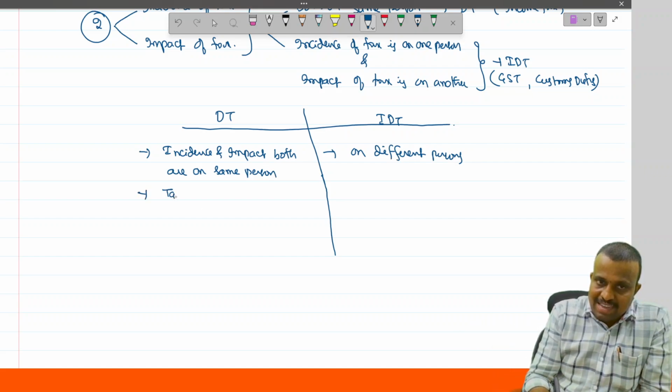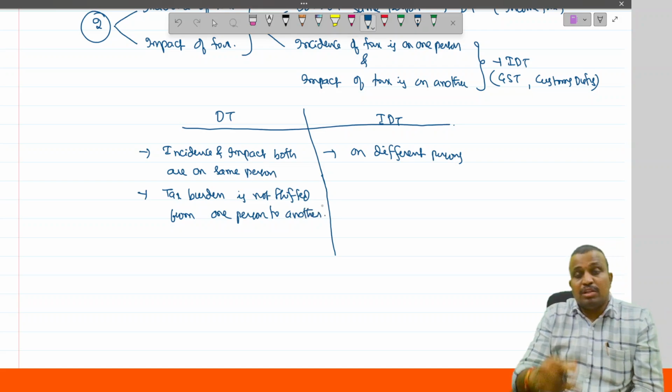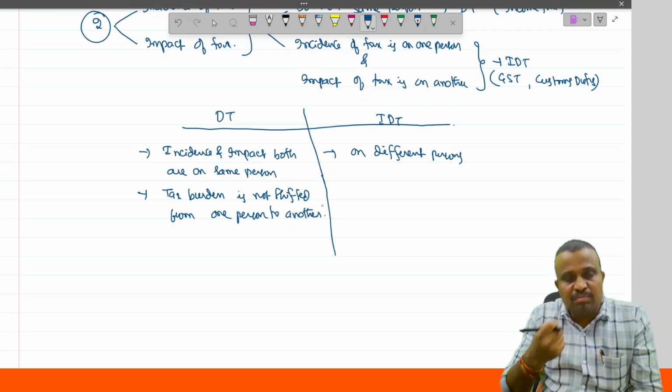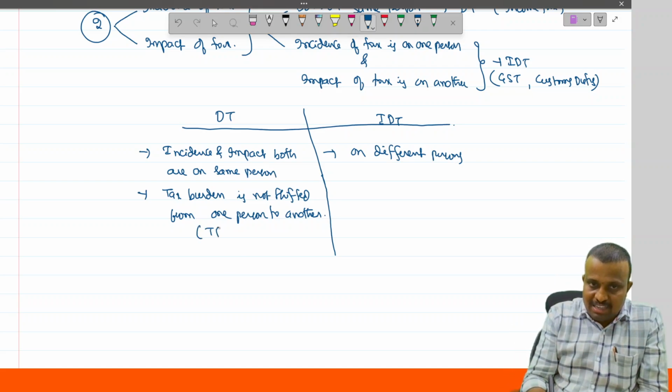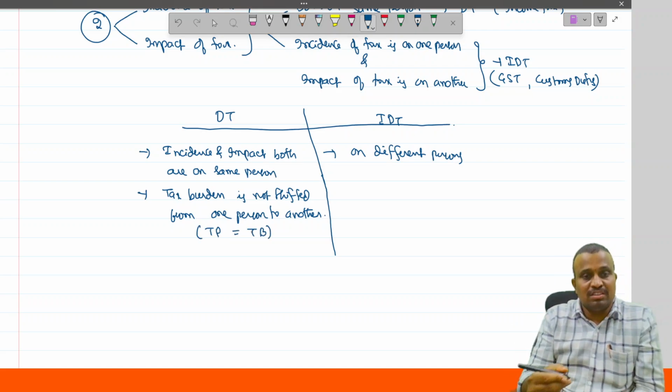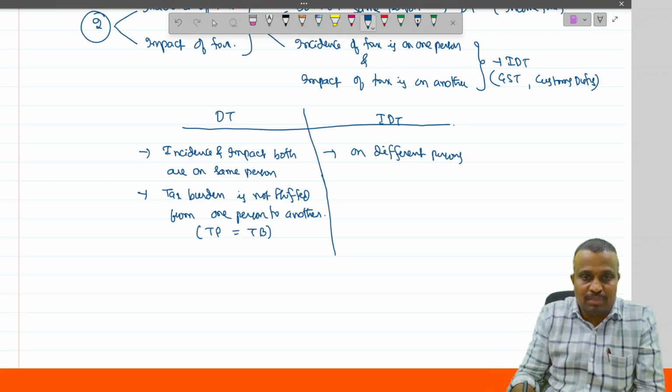In direct tax, the tax burden is not shifted from one person to another. The person who earns the income is the only one liable to pay the tax. So the taxpayer and the tax bearer are both the same in the case of direct tax. The burden to pay the tax is not shifted from one person to another.